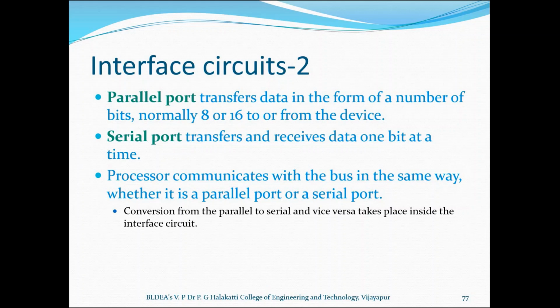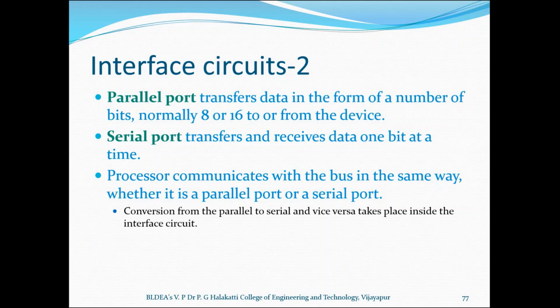A serial port transmits or receives data one bit at a time. The processor is a parallel device, that is, it accepts or sends data over its data bus like 8 or 16 or 32 bits at a time. If the device to be interfaced accepts or sends data in serial format, then format conversion is needed.